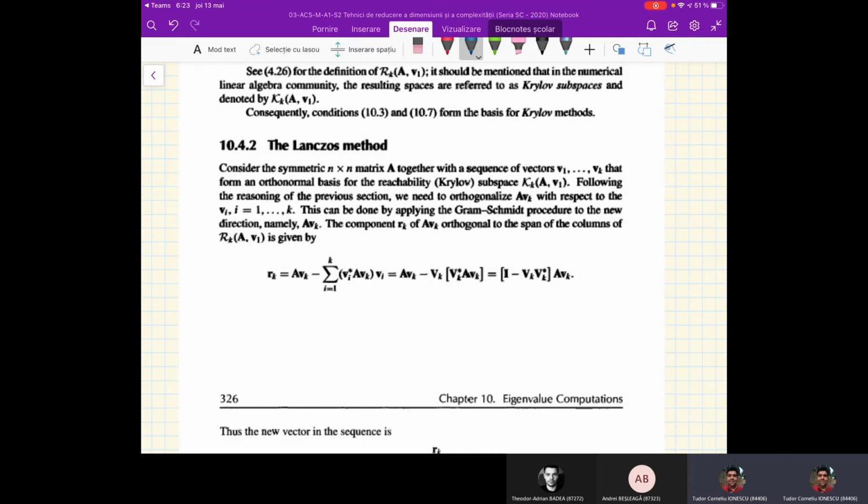So we have a symmetric matrix A together with a sequence of vectors v1 through vk, forming an orthonormal basis for the Krylov subspace of index k of A and v1.